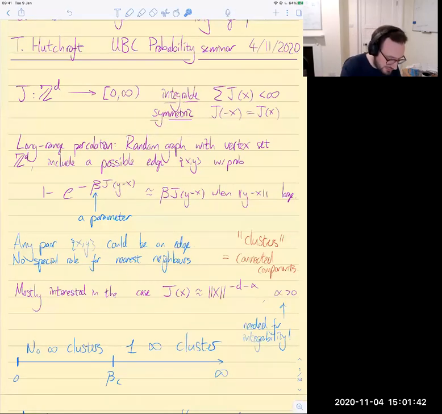The only things we're going to assume about this function J is that it's integrable, which basically means that when I do my long-range percolation, the graph that I get has finite degrees. Obviously, you can study the other case as well, but the questions that you would look at are different in that regime. So I'm going to be looking at the integrable regime, and I'm going to assume that it's symmetric, which just means that J of x and J of negative x are the same.